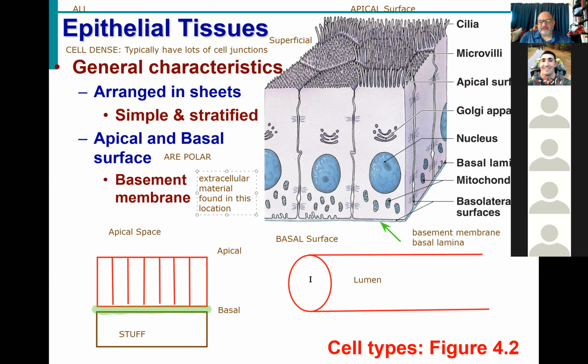When we actually look at this, let's actually cheat and quickly look at this. We're going to do a lot of histology today, but this is an okay starting point.